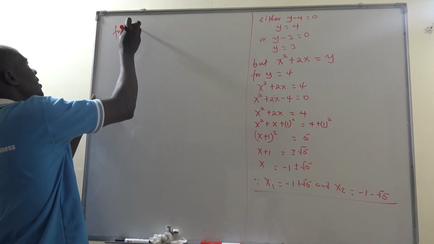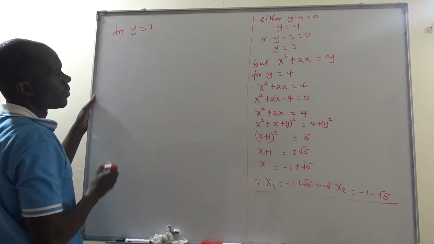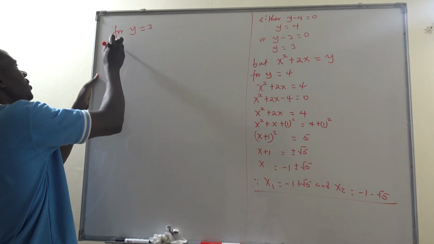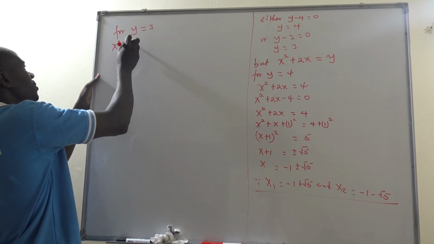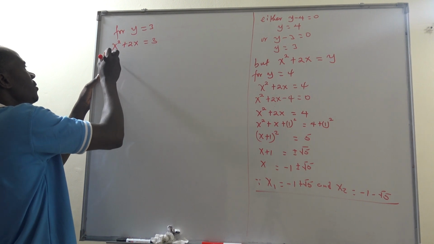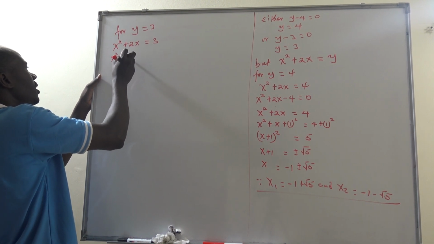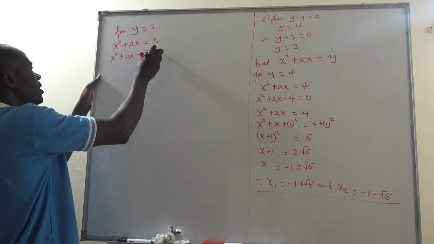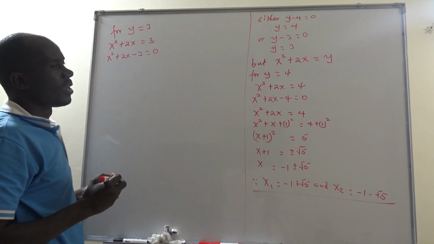So for y equals 3, we have got x squared plus 2x equals 3. Bring this side, we're going to have x squared plus 2x minus 3 equals 0. Think of two numbers.